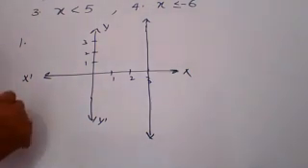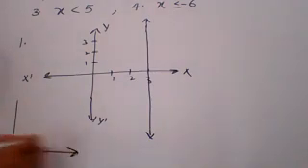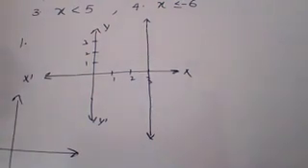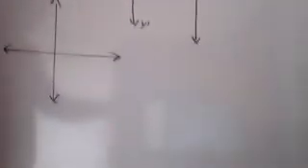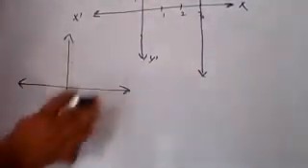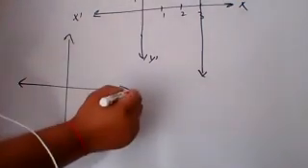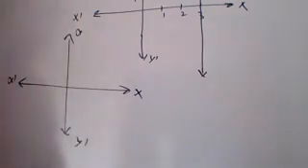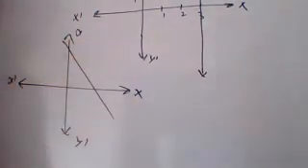Actually, when you draw any two perpendicular lines in a plane, you have x, x dash, y, and y dash, and your line is in this form.